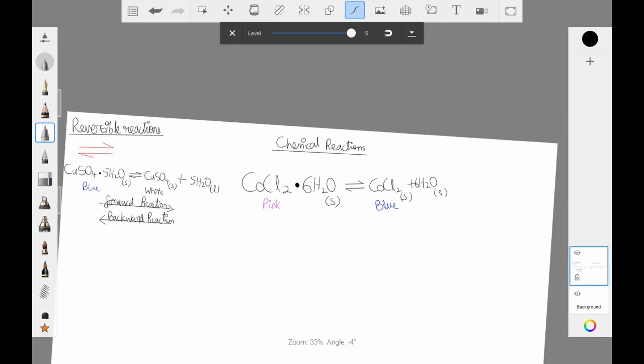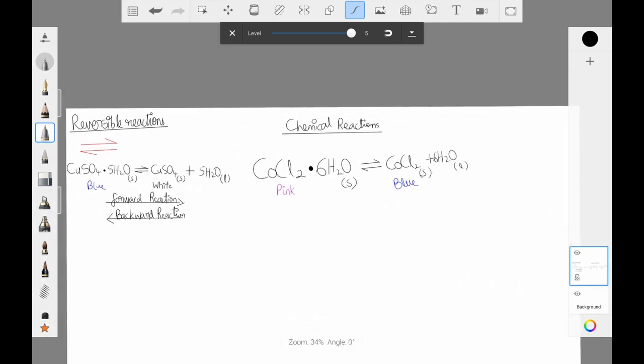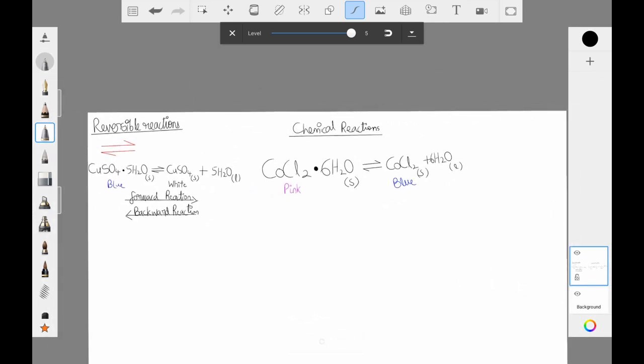Now, I kind of alluded to this before, but just to clarify, if I have hydrated compounds such as hydrated cobalt chloride, which is this one, and hydrated copper sulfate, which is this one, and I heat them up, then I'm basically creating anhydrous compounds, which means that I'm separating the water from the actual metal compound.